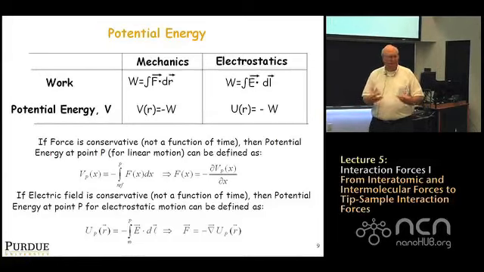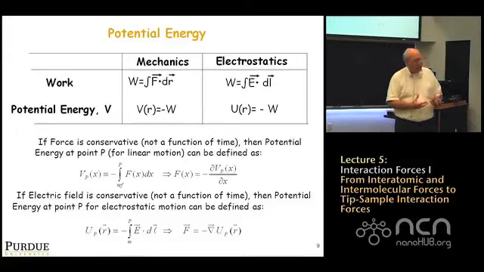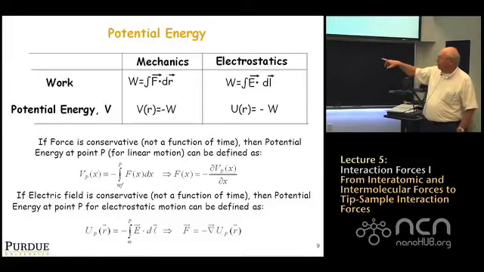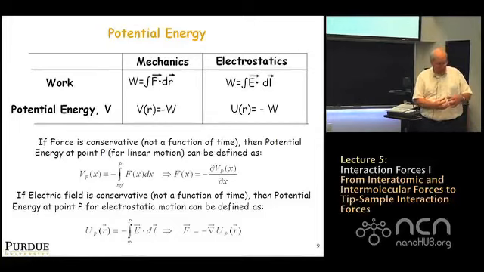And at the end of the day, if you want to calculate what the force on an object is, the force is going to be given by a derivative of the electrostatic potential with respect to position. Just like the mechanical potential energy is related to the force by minus a derivative with respect to x, if we're talking about motion in the x direction, so also is the electrostatic force F equal to minus the gradient of this electrostatic potential energy.